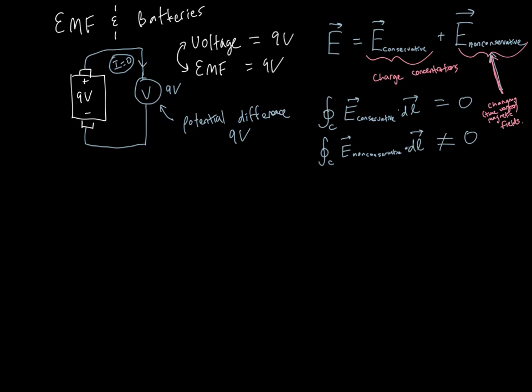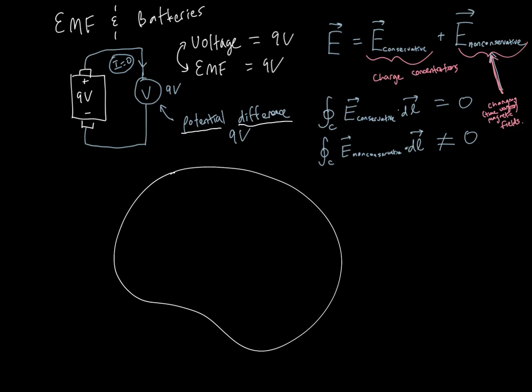Now, when people talk about the potential difference, and they use that term, they're usually assuming electrostatic potential difference. What that means is you're in this region of space, and within this region of space, the magnetic field is static. It's not changing with time.